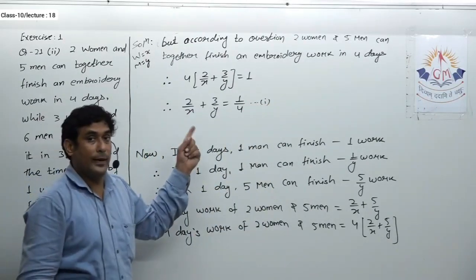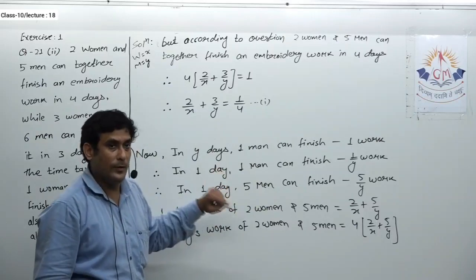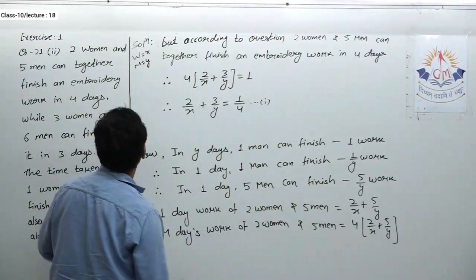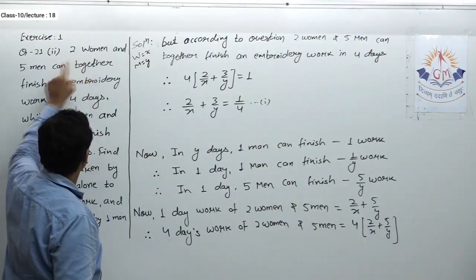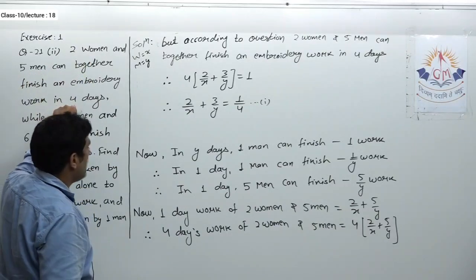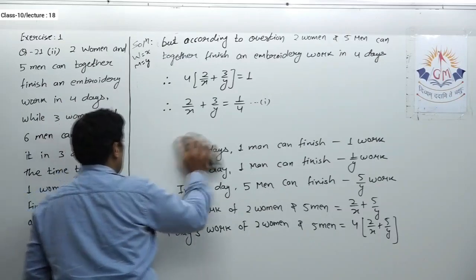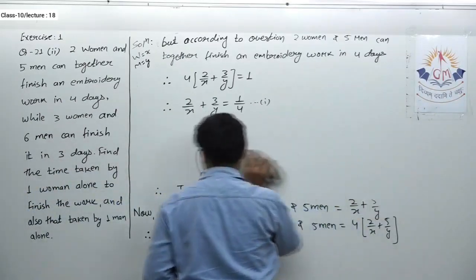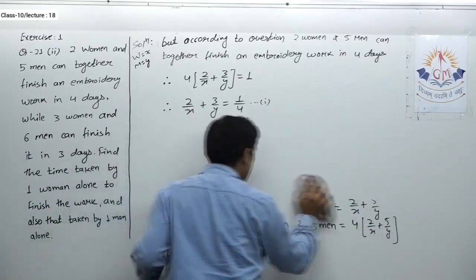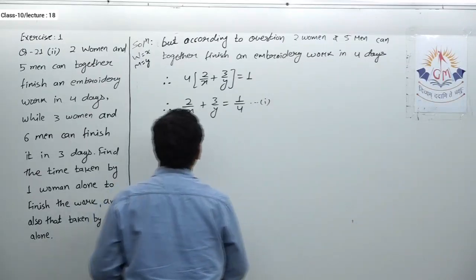Okay, now in the same manner I will be able to get my another equation. So, using the same pattern I will write my next equation without giving the detail.